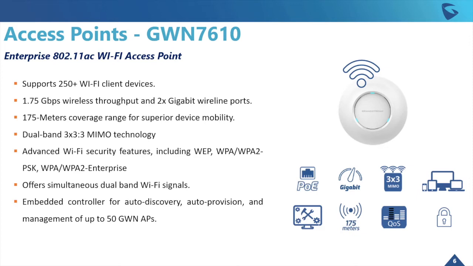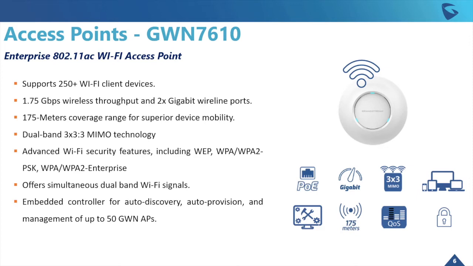WEP was designed to provide the same level of security as wired networks. However, WEP has many serious security flaws, and that is why we do not recommend using it unless you have some legacy clients that still require the use of WEP.